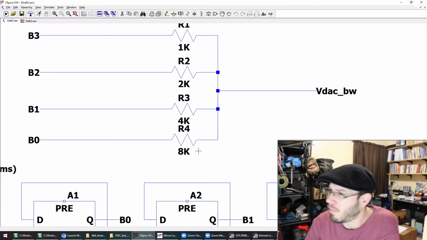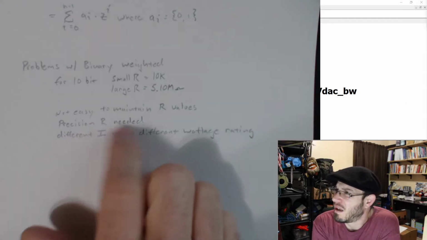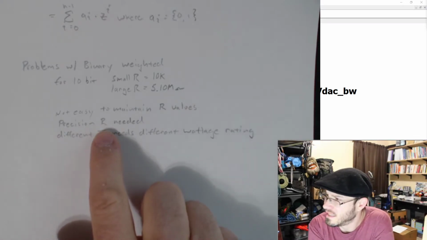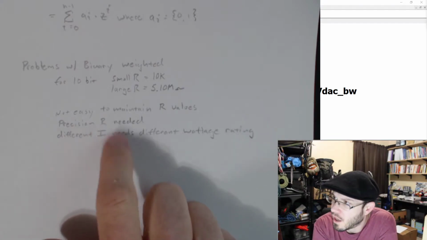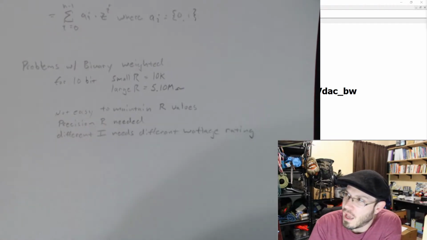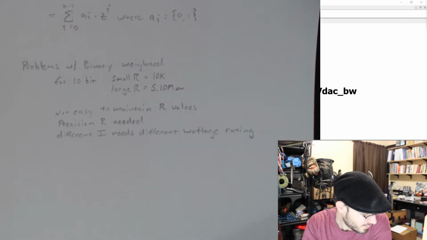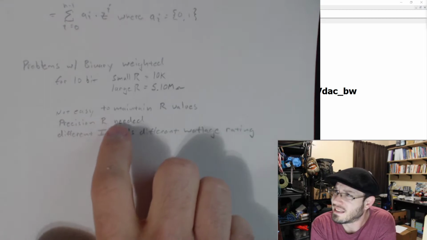The other problem that you're going to have is you need precision resistors. If you think about your resistance precision being off by 1% or 2% on any one of those values, especially when you get to larger n-bit digital to analog converters, it starts becoming a bit problematic. So again, that's another limitation.